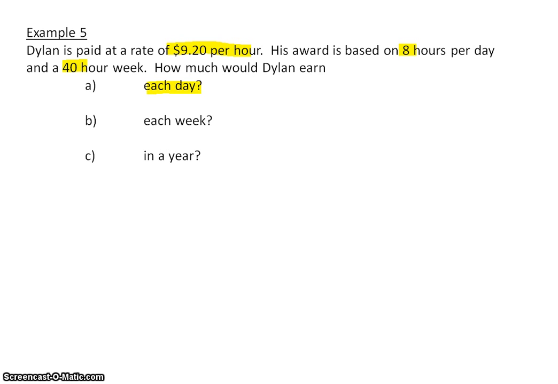Each day he works 8 hours a day and he gets $9.20. So that gives us 8 times $9.20, which gives us $73.60. Again, make sure the dollar sign goes in there.